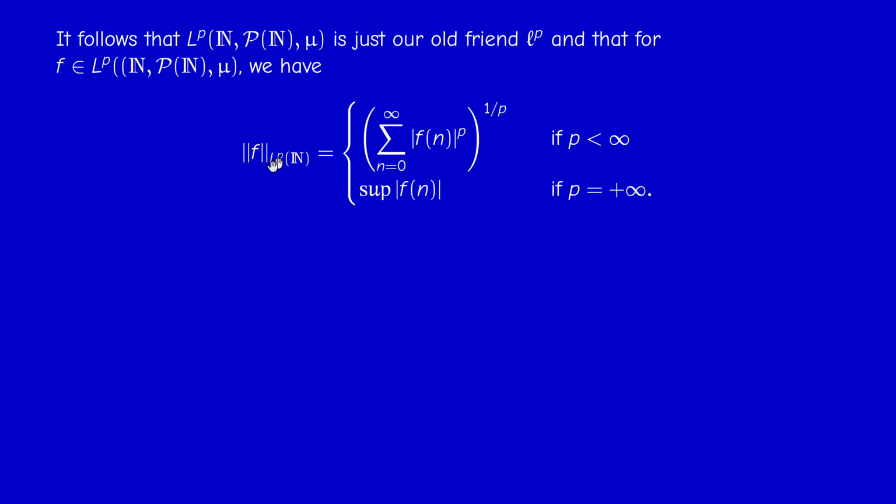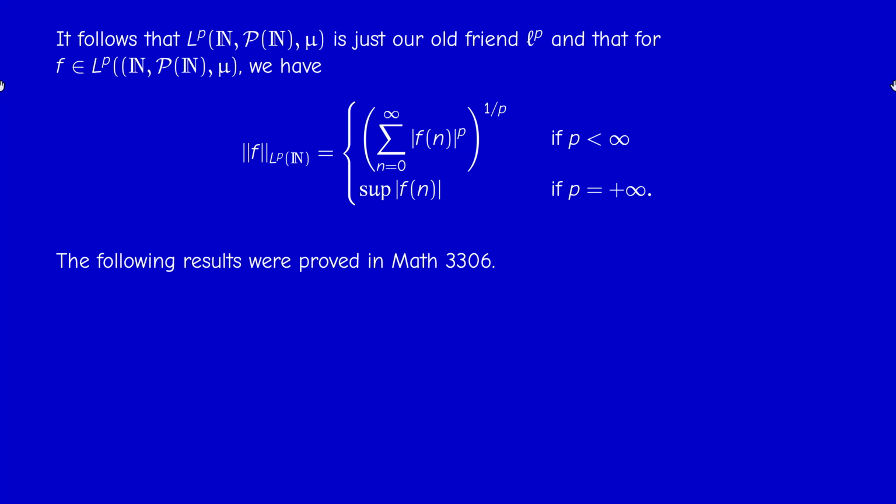Everything follows from the definition: when p equals infinity, the infinity norm is the supremum of |x_n|. So everything we prove for general capital L^p spaces applies to small l^p spaces of sequences.